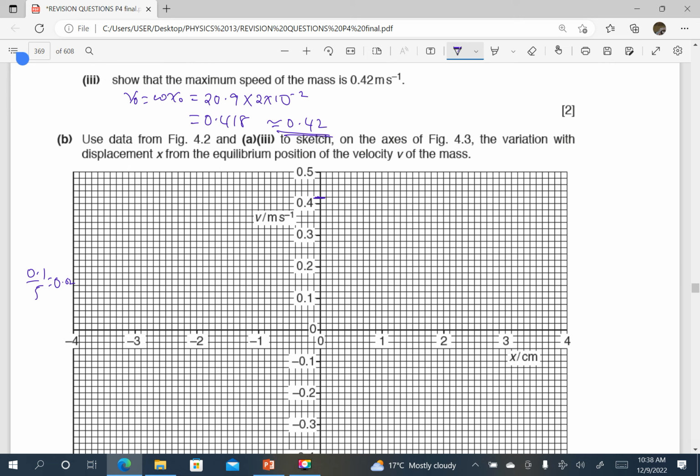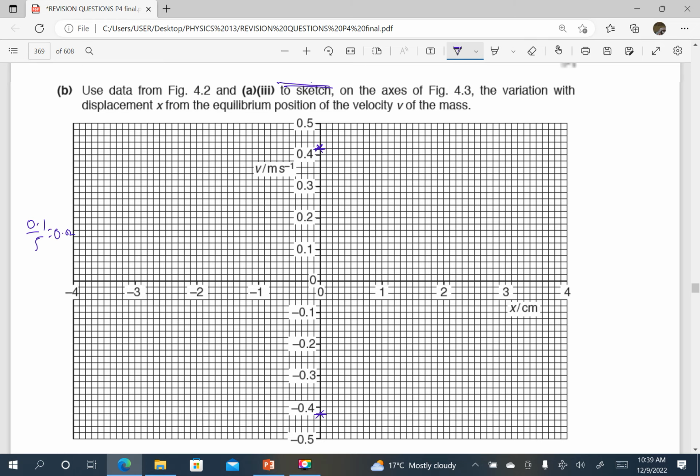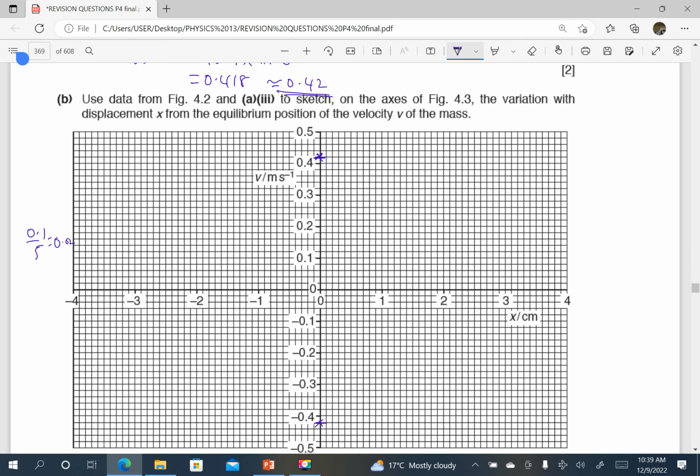Remember, when displacement is 0, speed is maximum. So we have this one and this one here. Maximum speed is 0.42. And when displacement is maximum, speed is 0. And remember, the maximum displacement is 2 centimeters. When displacement is maximum, speed is 0. So we have these 2 points. Displacement maximum, speed is 0. Speed maximum, displacement is 0. So this gives us now an oval-shaped graph.